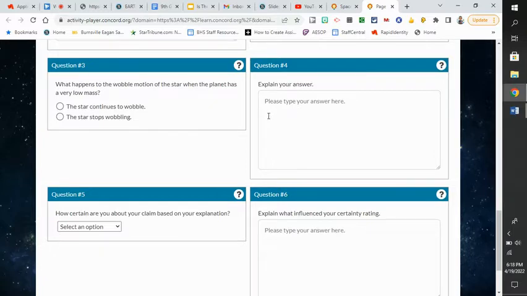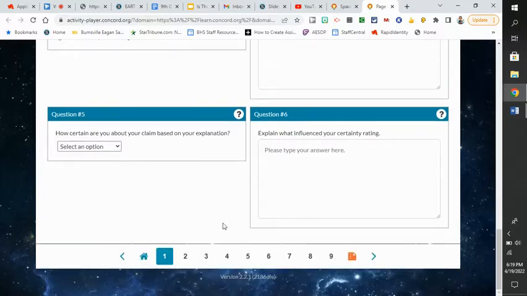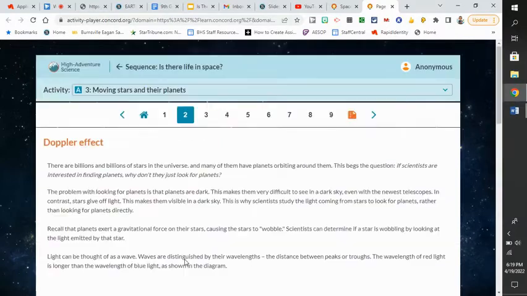You should explain in your explanation that when you change the mass of the planet to a low mass, whatever you saw as a result, did it continue to wobble or did it stop wobbling? Use that information in your explanation. I'll pause for a moment while we go on to part 2.